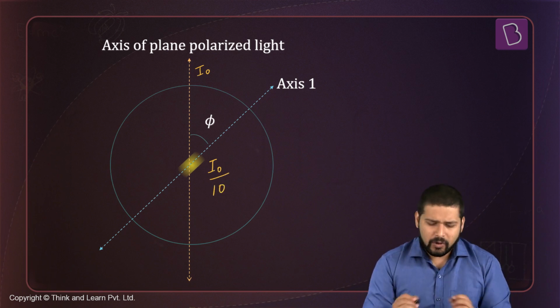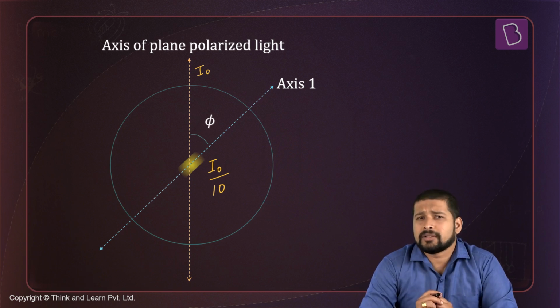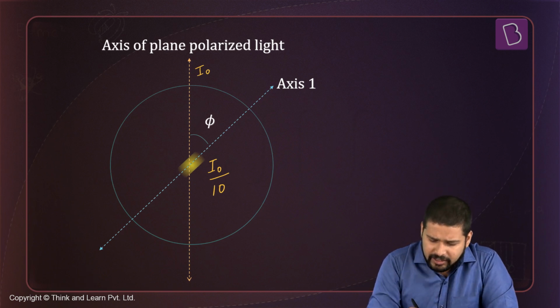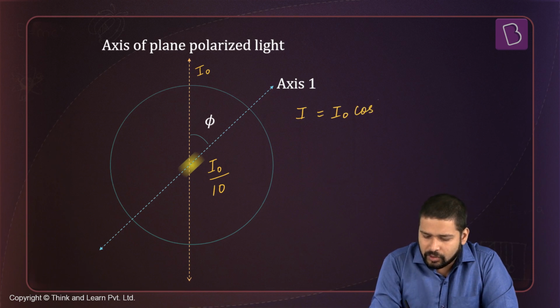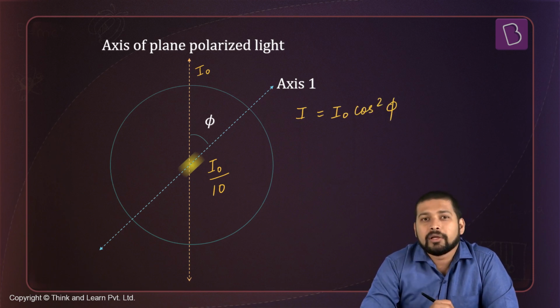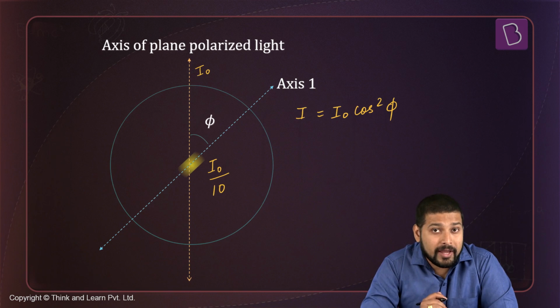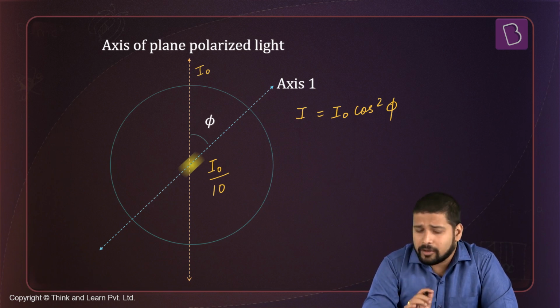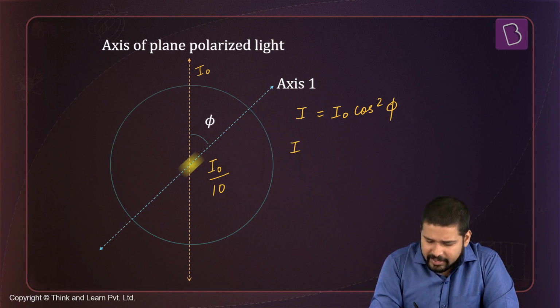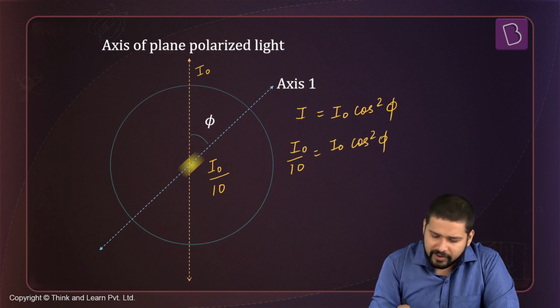Now here we are going to use Malus's law, and it says that I equals I naught times cos square phi. We know that the value of I in this case, after you have placed the first polarizer at an angle of phi, is equal to I naught by 10. So if I plug that in, I get I naught by 10 equals I naught cos square phi.